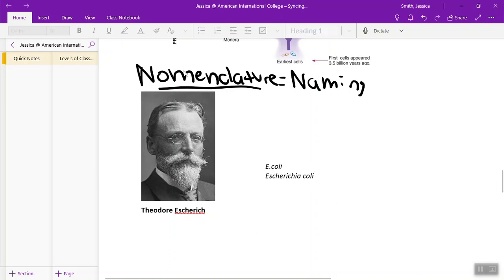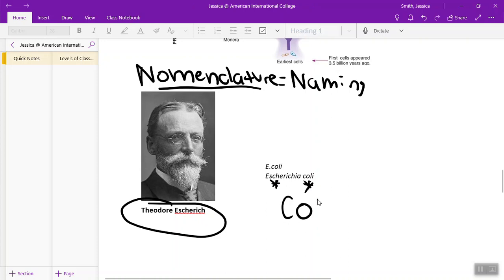Escherichia is the genus and coli is the species. You might be wondering where this name came from. It was named after the scientist that discovered E. coli, Theodore Escherich. Here's a picture. So that's where Escherichia comes from. The coli comes from colon, because you have E. coli in your colon.